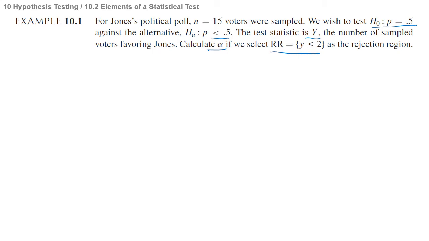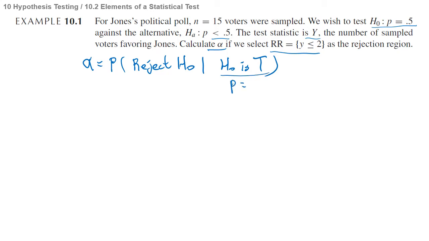Okay, so from the definition of alpha, the type 1 error rate, this is the probability of rejecting H0 given H0 is true. So this is alpha, where under H0, p equals 0.5, and rejecting H0 is the set y less than 2.